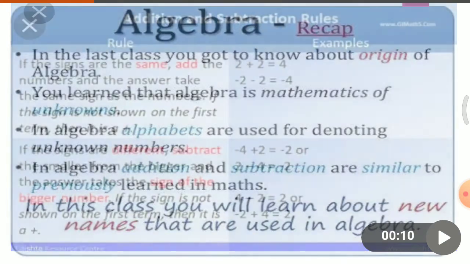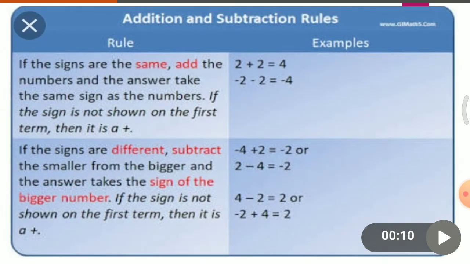Next is the rules of addition and subtraction. If the signs are same, add the number and answer takes the same sign as the number. If the sign is not shown on the first term, that is already plus. Suppose 2 plus 2 is equal to 4 and minus 2 minus 2 is equal to minus 4.